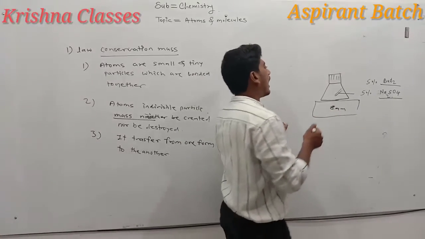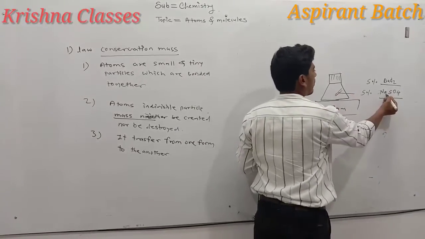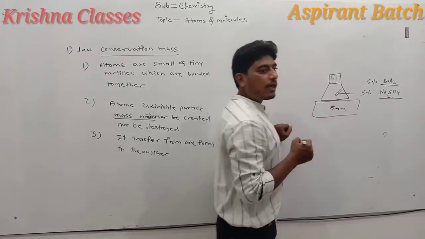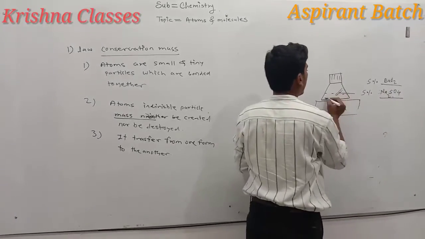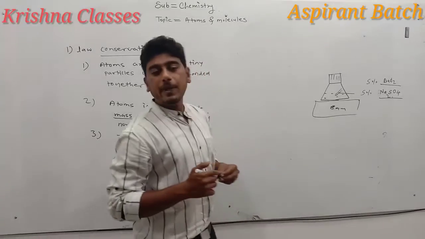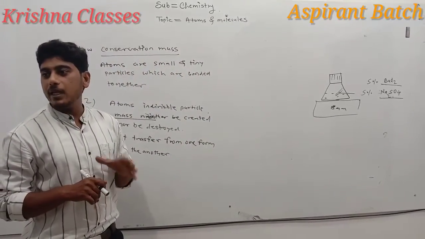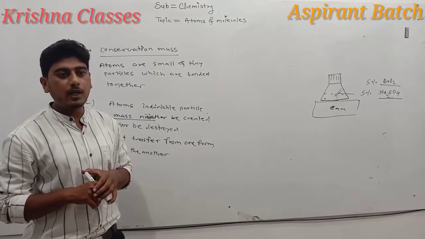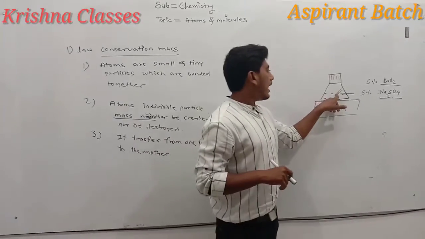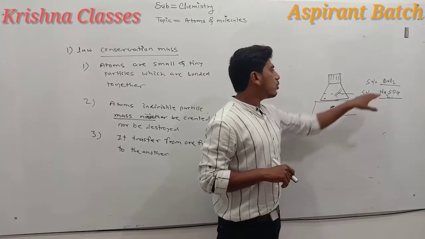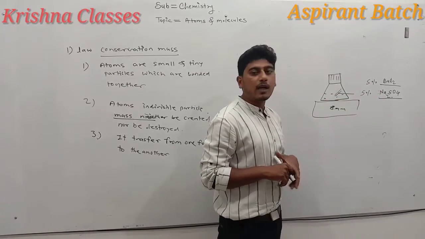Then we drop the sodium sulfate into the barium chloride solution. What have we done? We added it. We mix the barium chloride and sodium sulfate. By adding them together, what happens?